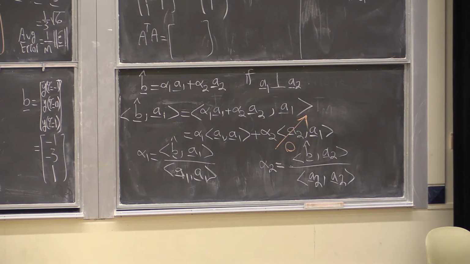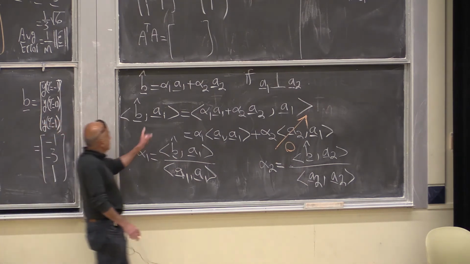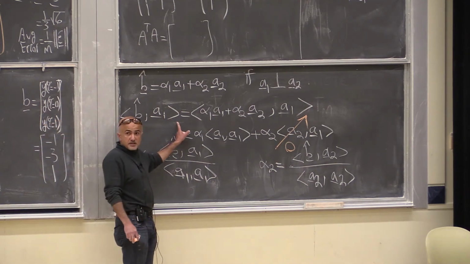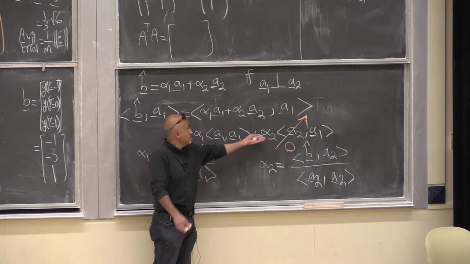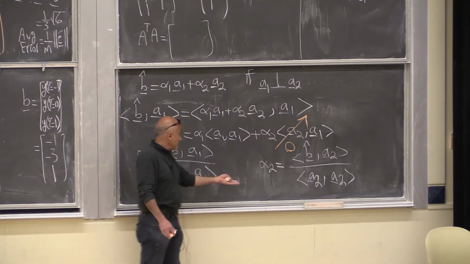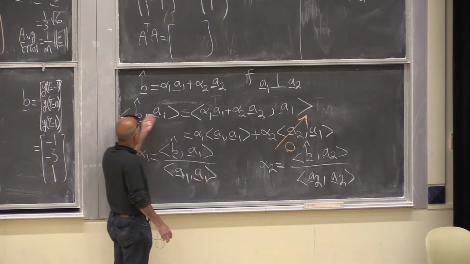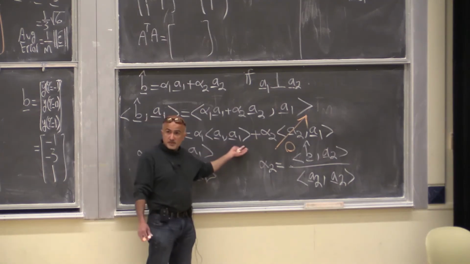I hope this gives you a sense of why orthogonality is good. If A1 and A2 were not orthogonal, then I couldn't use this process to find alpha 1 and alpha 2 easily, because the second term won't disappear. And when I try to find alpha 2, when I project B onto A2, the first term won't disappear.